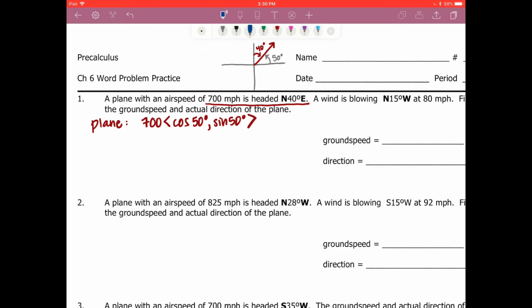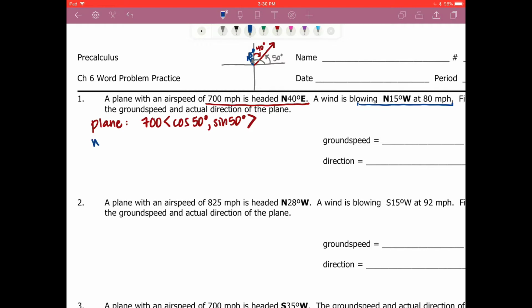Now it encounters a wind that's blowing at 80 miles per hour in the direction of north 15 degrees west. So north 15 degrees west would be something that looks similar to that. And then of course 15 degrees is with the vertical. So the calculator again is going to take 90 plus 15, which would be 105.